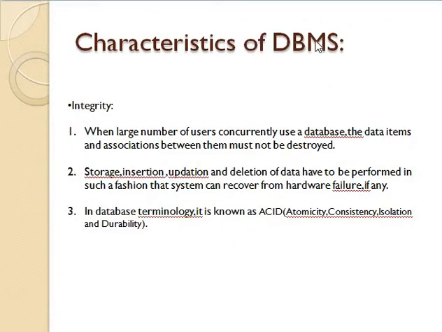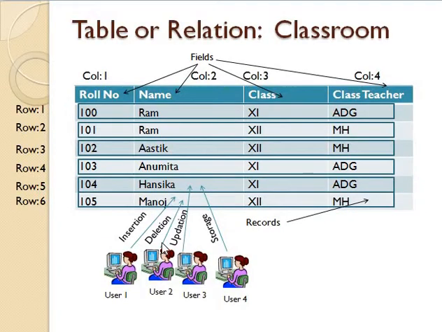The next characteristic of DBMS is integrity. When large number of users concurrently use a database, the data items and the associations between them must not be destroyed.